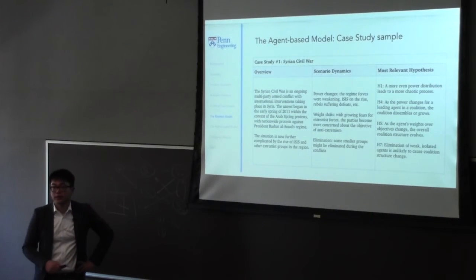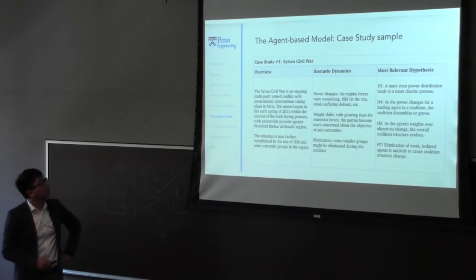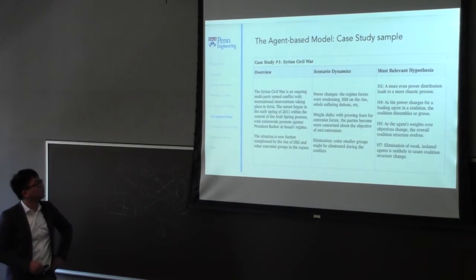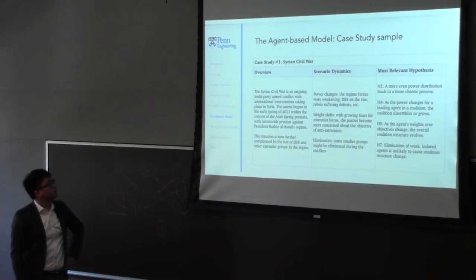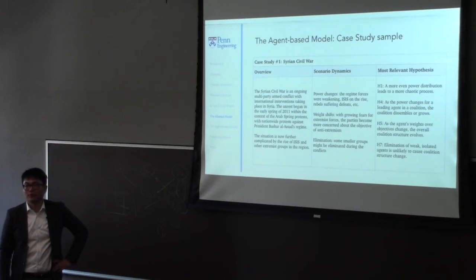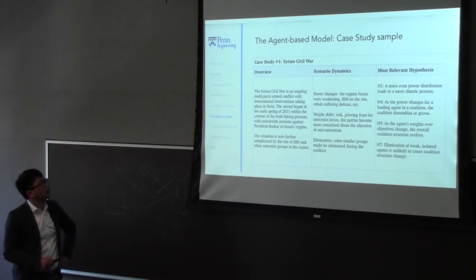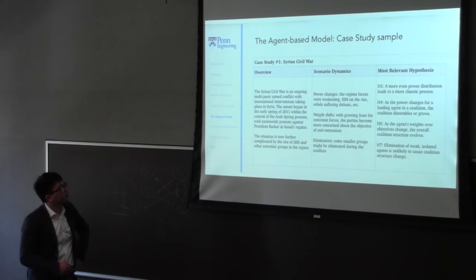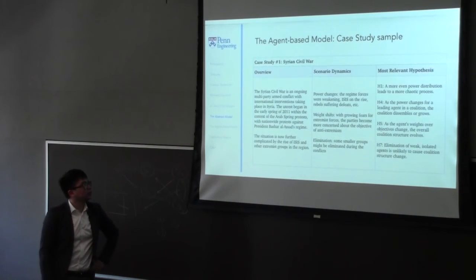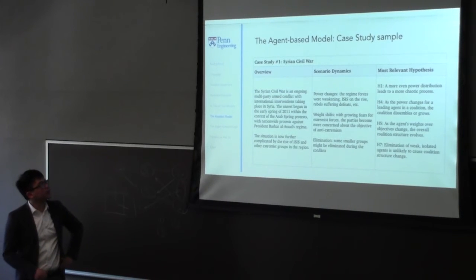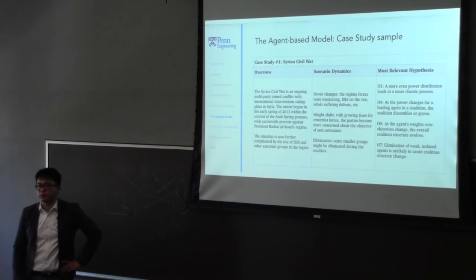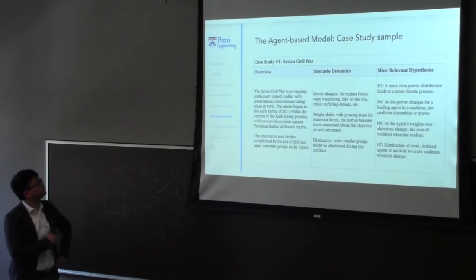One of the ongoing projects is studying the Syrian civil war, an ongoing multi-party conflict with international interventions taking place in Syria. It's been going on for quite a few years, and there's very little hope of ending anytime soon. We have power changes, weight shifts, different concerns on different object dimensions, and also elimination of some smaller groups in the process. That's all very interesting dynamics for us to observe with the agent-based model and to test against the findings in the abstract model.